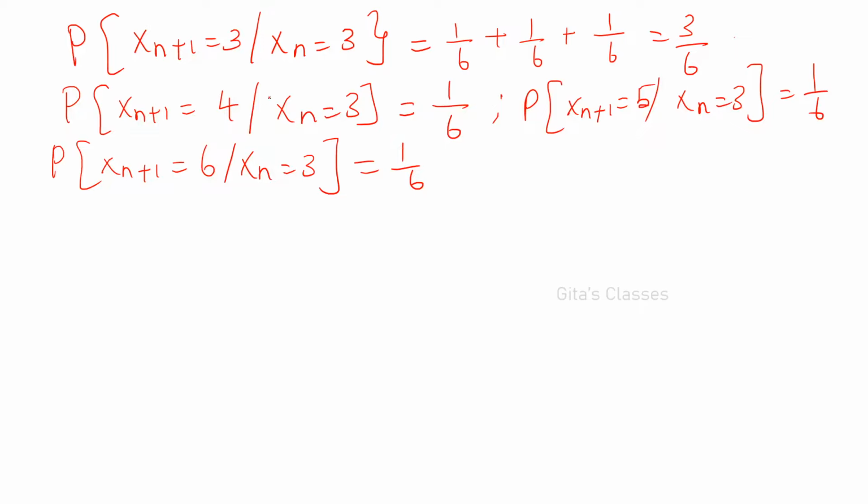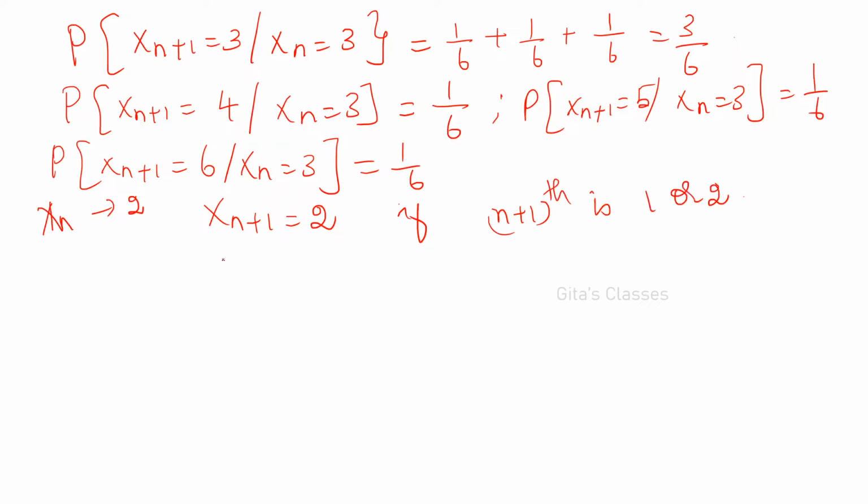Okay, this is for maximum 3. Another example I'll give you. If the maximum is 2, what will happen? So I'll write xn is 2, maximum is 2. So xn plus 1 is equal to 2 again if I am getting either 1 or 2 in the n plus 1th trial, right?